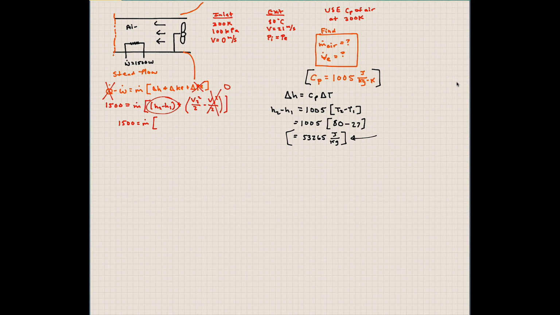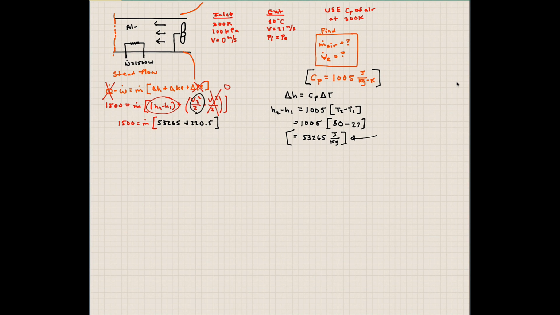Let's go ahead and plug this delta H value into our equation. So this is 53265 plus, and now let's solve what this is. 21 squared divided by 2 is 220.5 joules. So you see the kinetic energy is a very small portion.